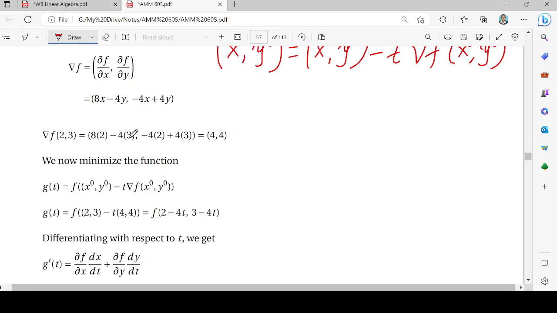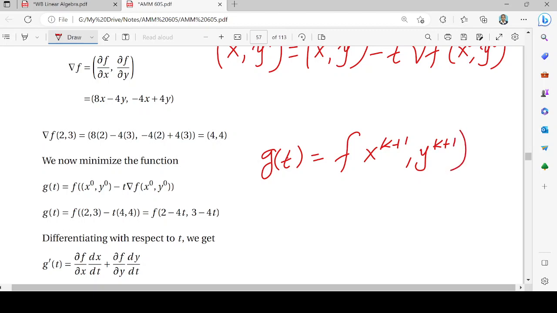So we have now to minimize the function g of t, which is now f of xk plus 1, comma, yk plus 1.